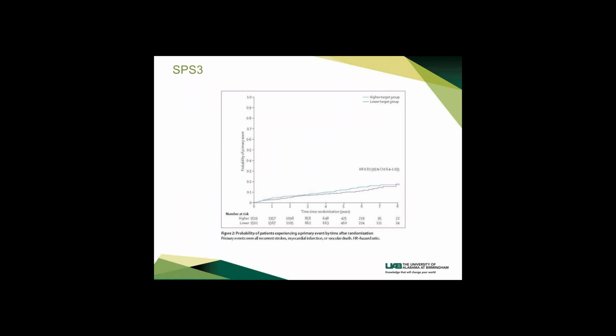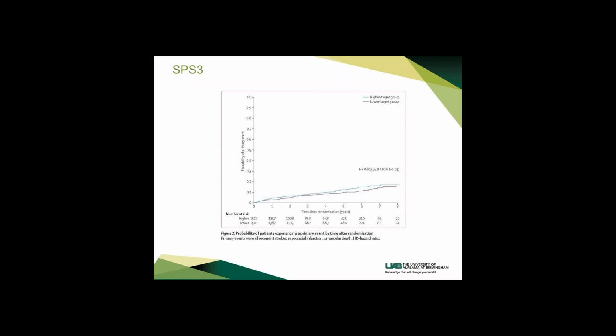The y-axis is then the probability of a primary event. And so the blue line here is the higher blood pressure target, and the red line is the lower target group. And so our hypothesis was the lower target group would lower stroke more. So what we would expect to see, if it were true, is that this red line would be statistically significantly lower than the blue line, okay?